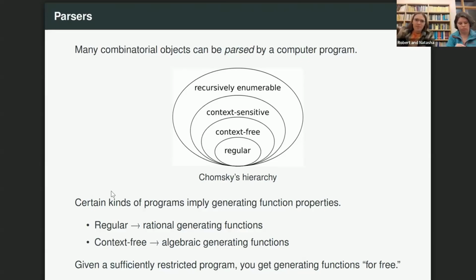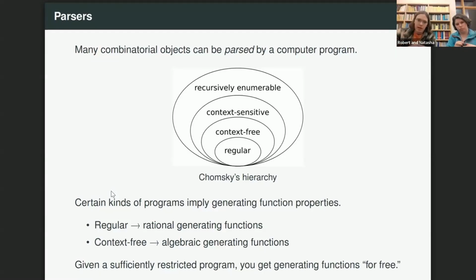Okay, you can detect it. So what you want to do, though, is nail your parser down to less and less generality. The weaker the parser, the more restrictions you put on what it is allowed to do, the more enumeration information you can get out of it. So the very bottom of the hierarchy that computer scientists typically use, I guess maybe Chomsky is the one who really came up with this hierarchy.